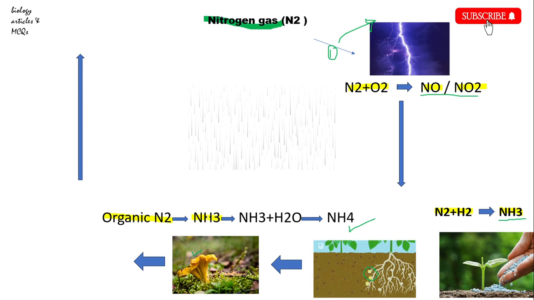Organic nitrogen can be converted into ammonia by the help of the decomposers, and when the ammonia reacts with the water, it will convert into NH4. So this NH4 will be directly used by the plants, and this NH4 is mostly used by those plants that do not use the nitrogen fixation process of bacteria by the help of root nodules.